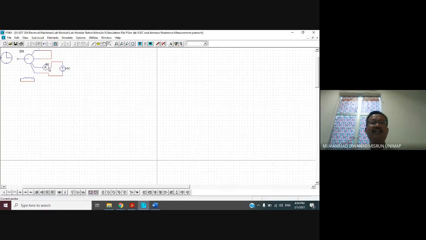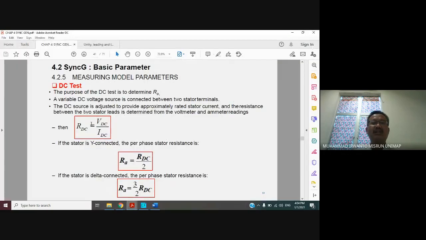You obtain IDC, and from here you can obtain the DC resistance, VDC over IDC. With the DC resistance you can find the armature resistance. For the Y connection, armature resistance is equal to RDC over 2.